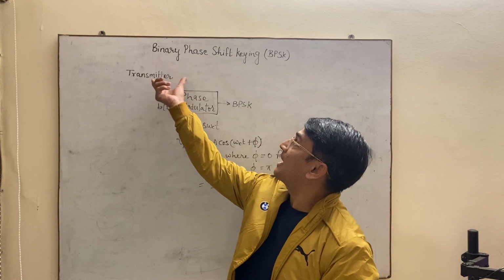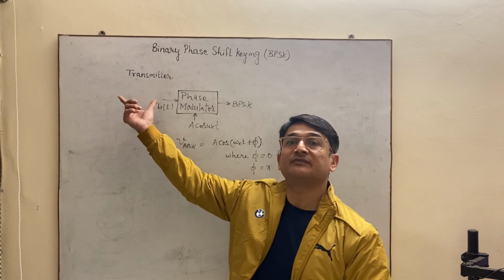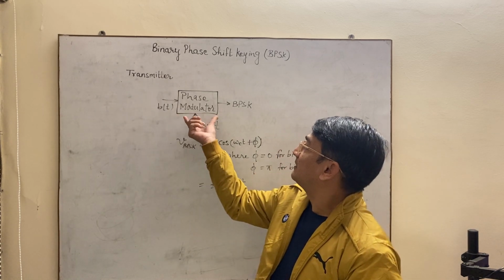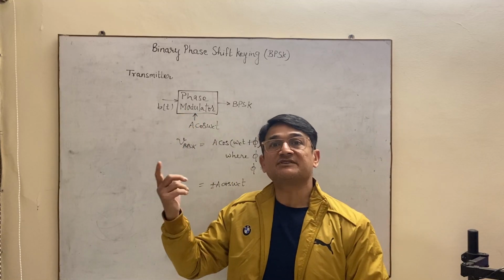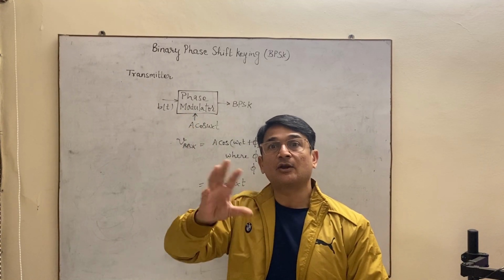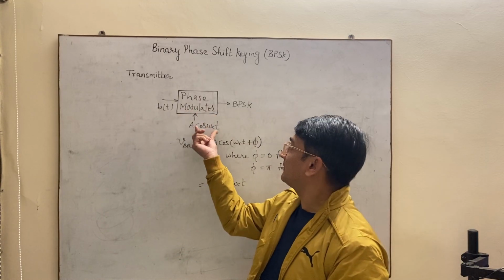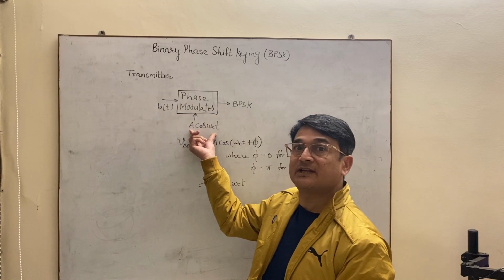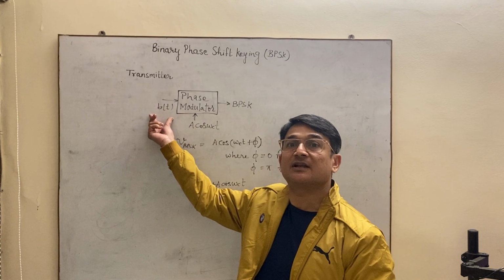First we will see how binary phase shift keying works. First we will see the transmitting part of this. So the transmitter has a phase modulator. You must have studied phase modulation in analog communication. In phase modulation, you have a phase modulator. To one input you give the carrier signal A cos omega ct, and to the other input you give the modulating signal f of t.